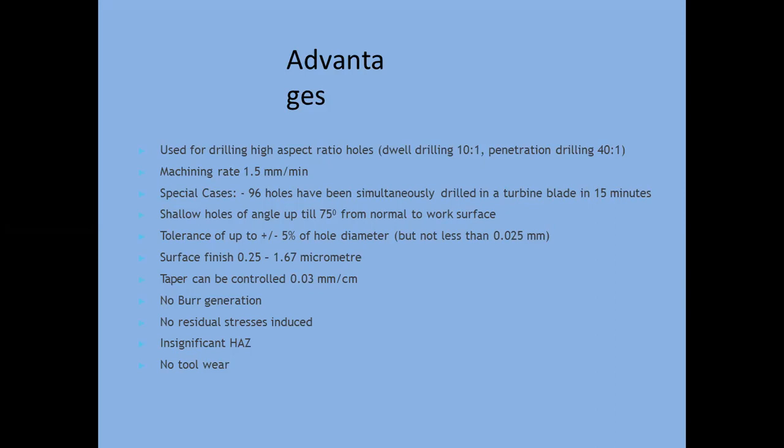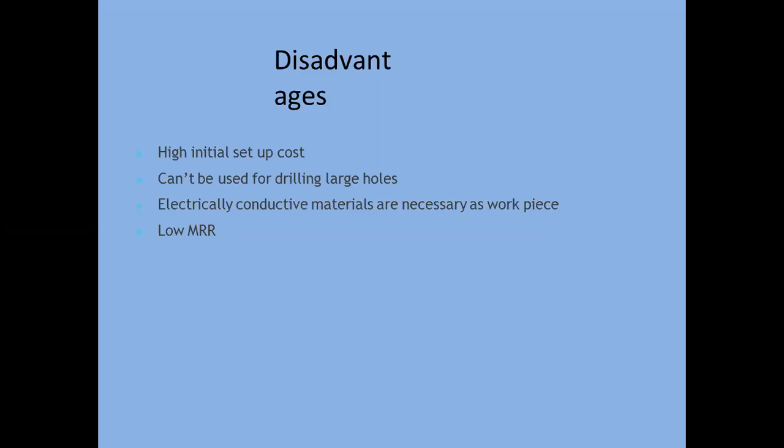Taper can be controlled to about 0.03 mm. Sorry, 0.03 mm, not centimeter. No burr generation, no residual stresses induced, insignificant heat affected zone, no tool wear. So these are the major advantages of ESD, electrostream drilling.